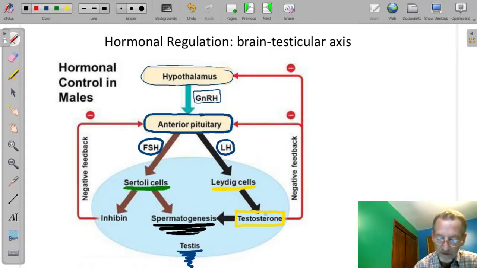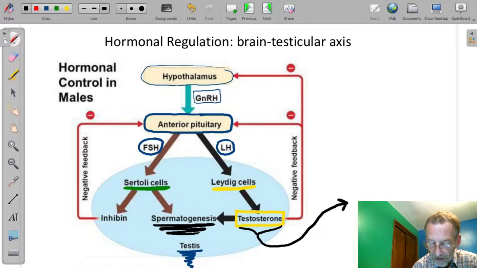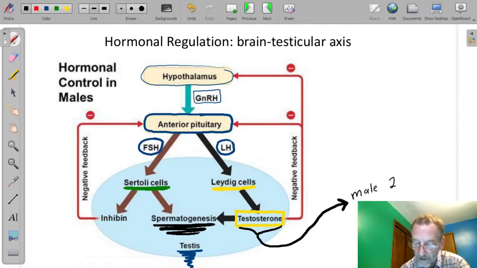The other thing to keep in mind is that the testosterone that's produced also goes out to the rest of the body, circulates around, and is responsible for promoting male secondary sexual characteristics. Traditionally, the primary sexual characteristics are the genitalia.